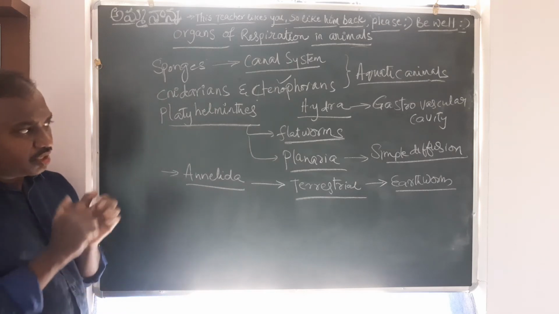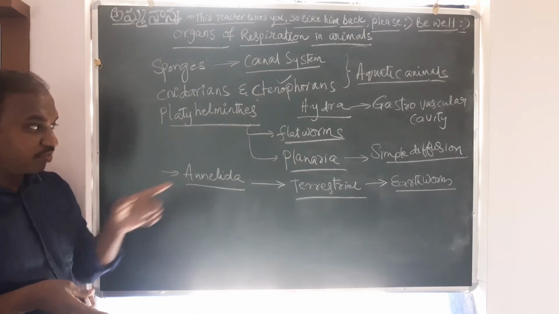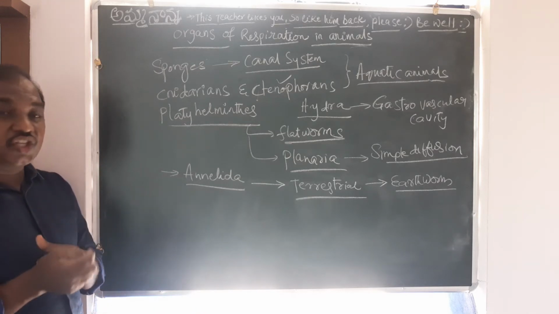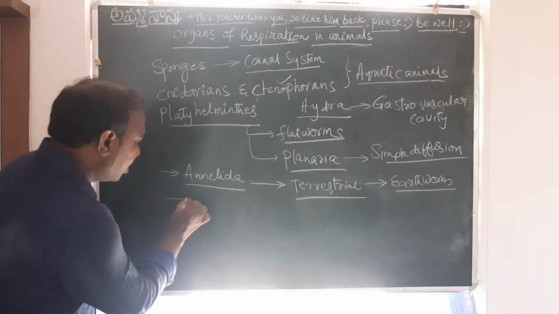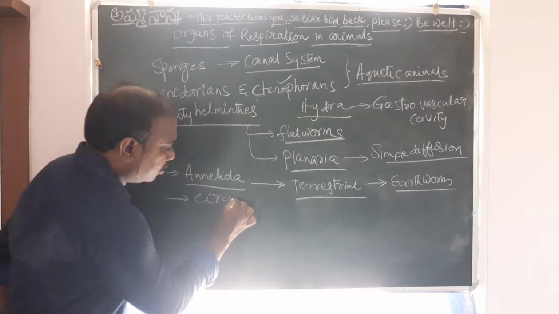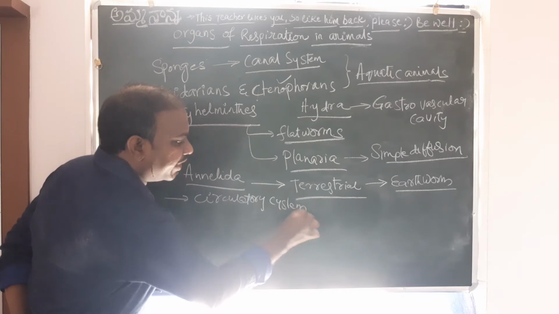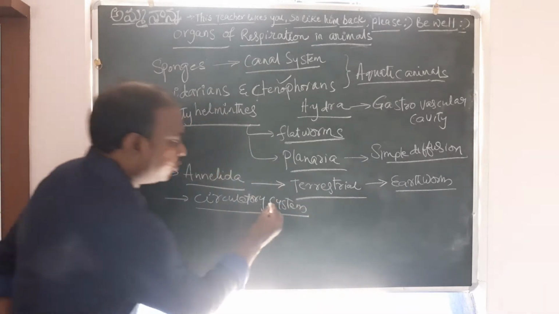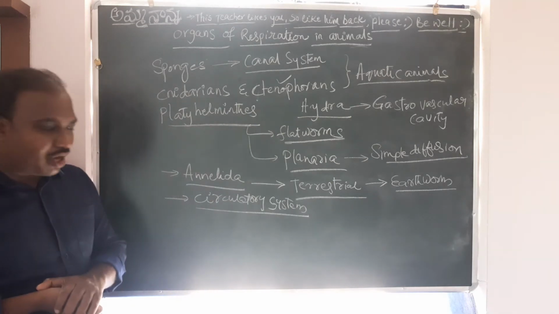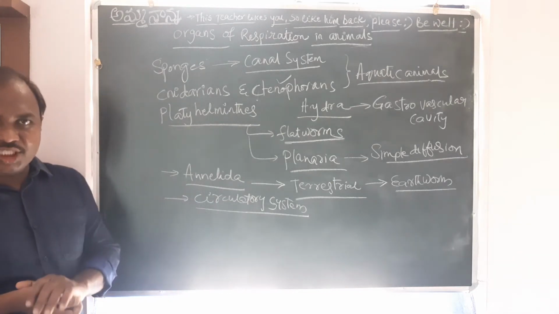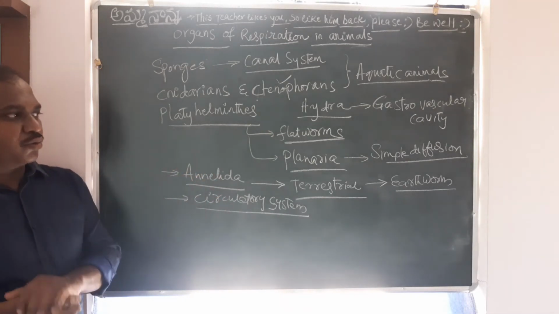To transport the gases, a specialized circulatory system has also developed in Annelida, which is an evolutionary advantage as well. For the first time, a circulatory system has developed here, which coordinates to transport the respiratory gases in the Annelida groups of animals.